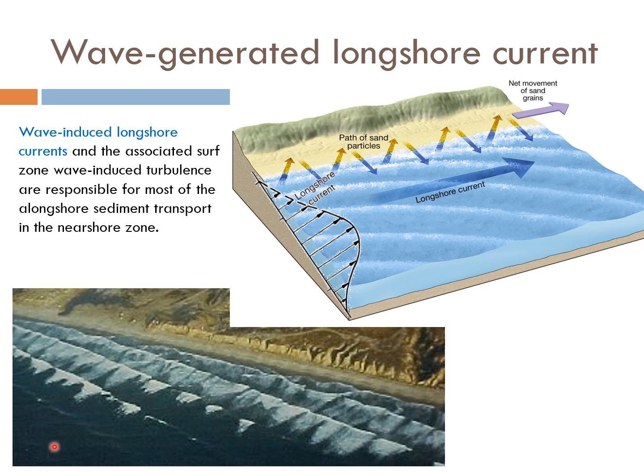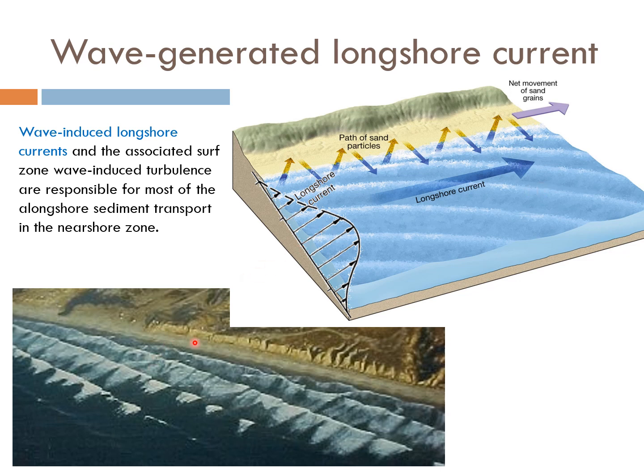They are almost parallel to the shoreline, but not exactly. This incident wave that arrives at an angle will cause a wave-induced longshore current in the direction parallel to the shoreline.